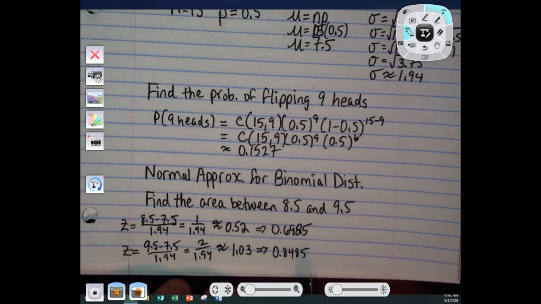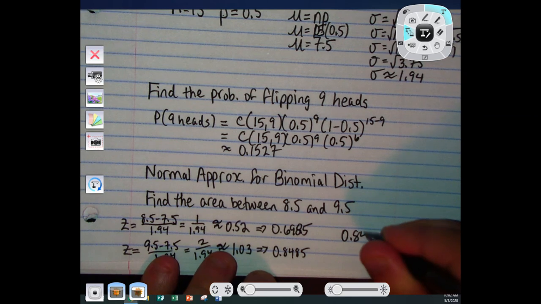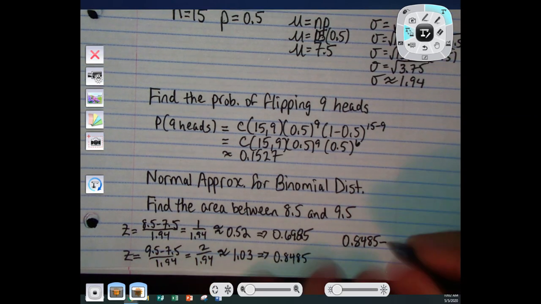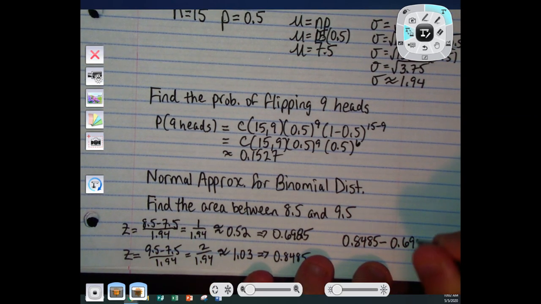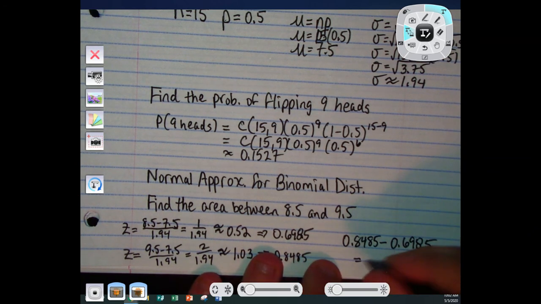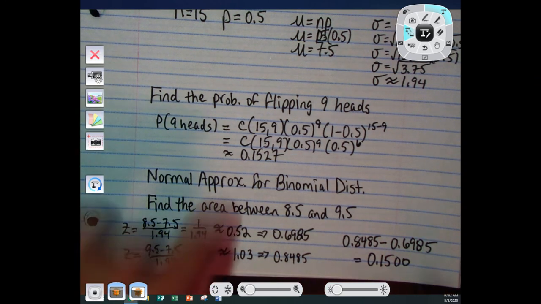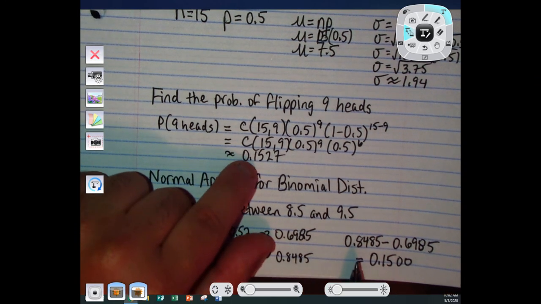So then what happens is, if I subtract these two, 0.8485 minus 0.6985, we end up with 0.1500. That's really close.